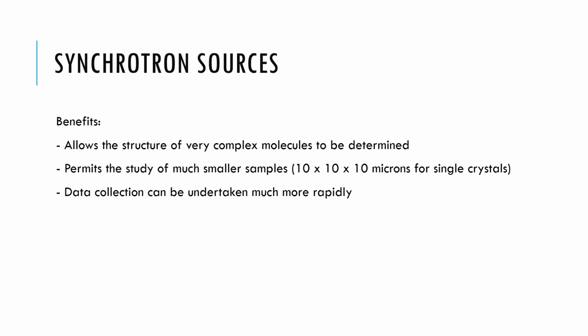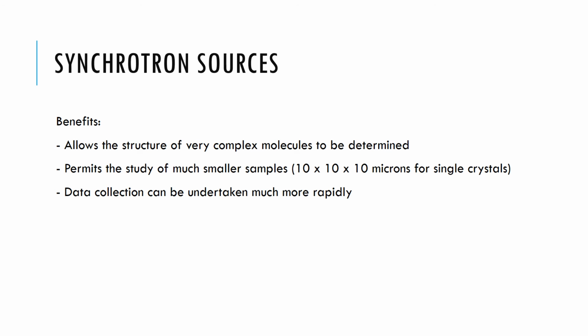You can get away with 10 by 10 by 10 microns for single crystals at a synchrotron source. A lab-based X-ray diffractometer simply doesn't have the intensity of X-rays to usefully obtain any structural information from a crystal of that size.